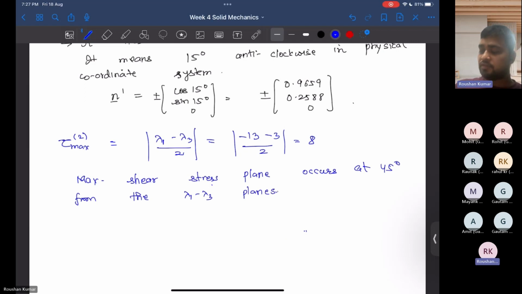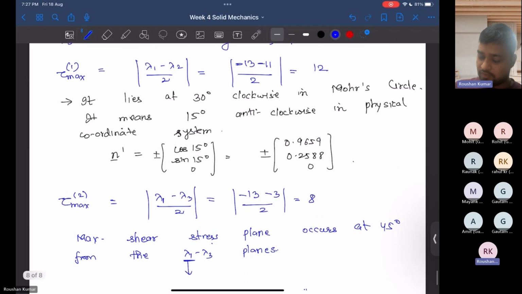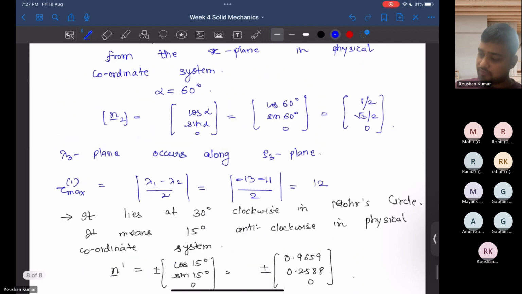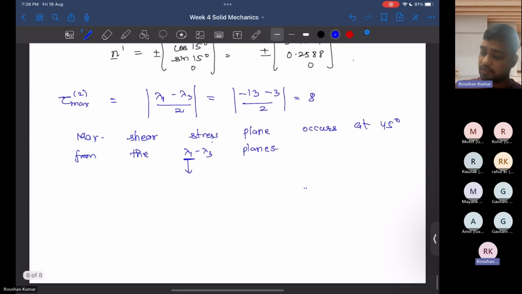The normal of the lambda 1 plane has been found earlier, so we can directly use it here.